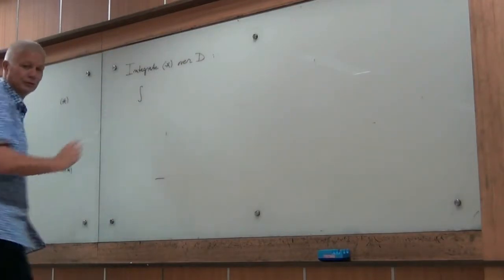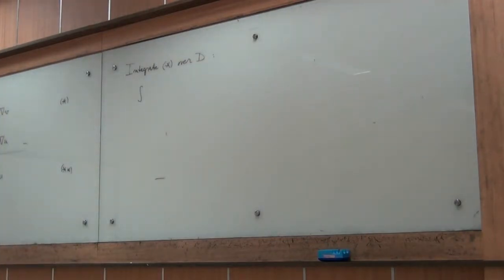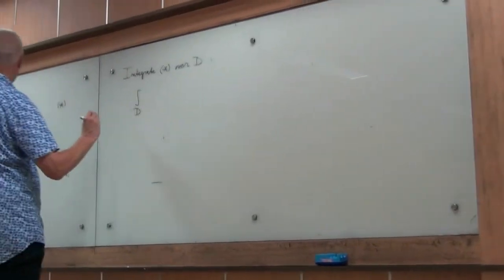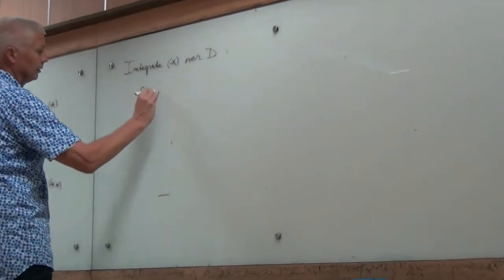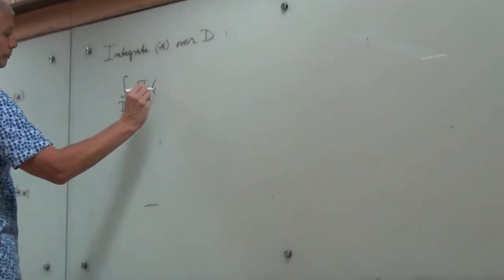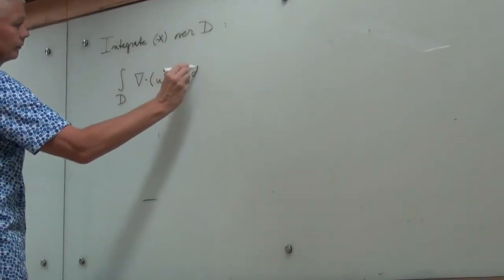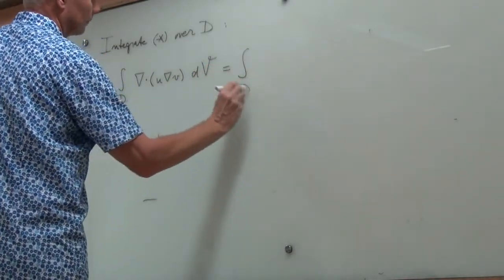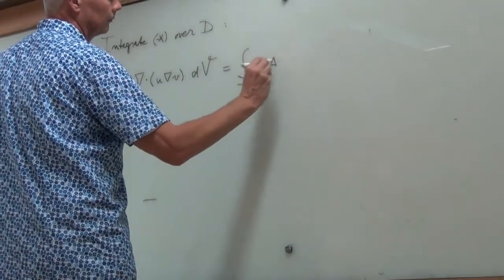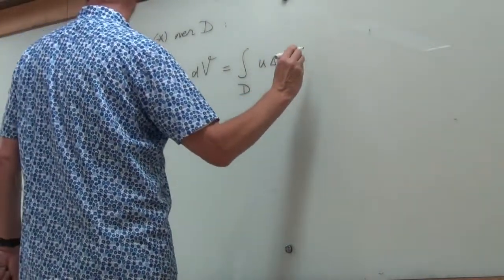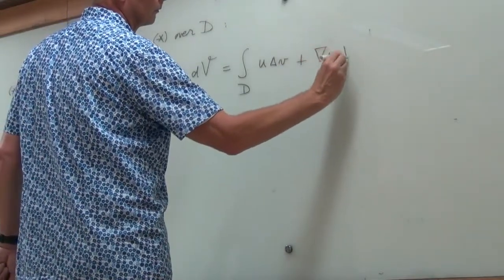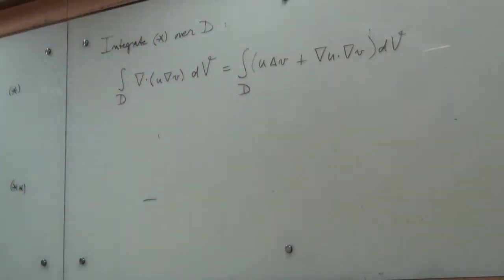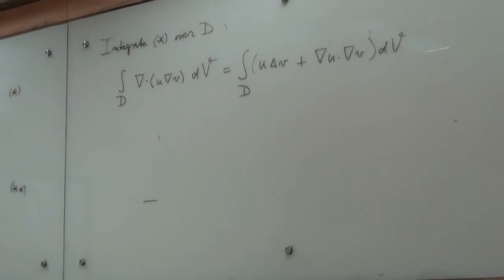I get the integral over D of first, then I get, I just integrate over my domain, nothing else.